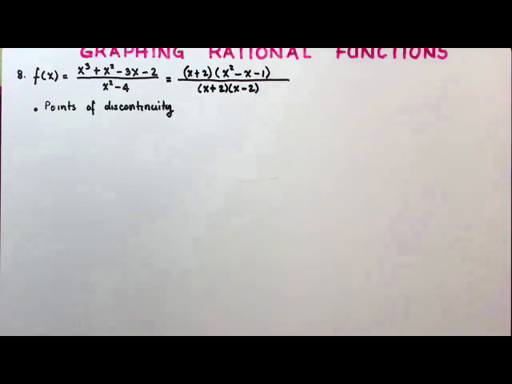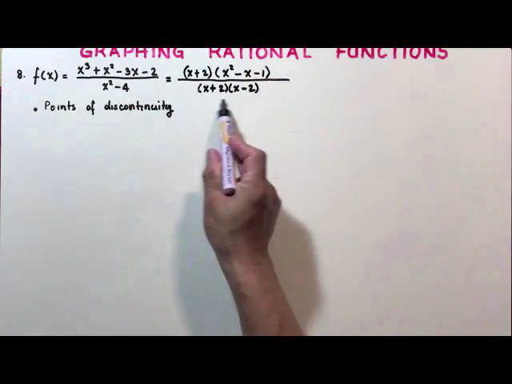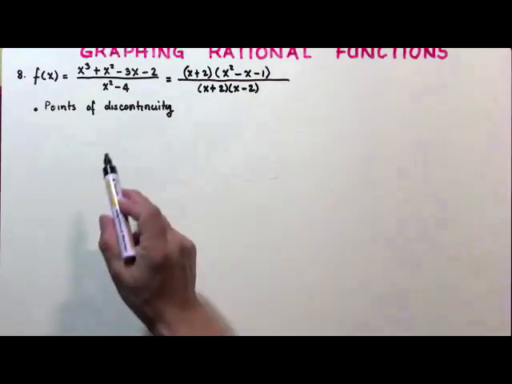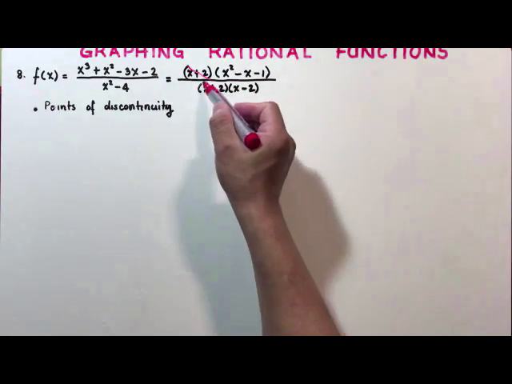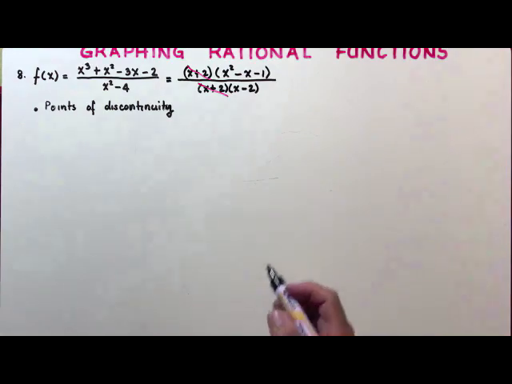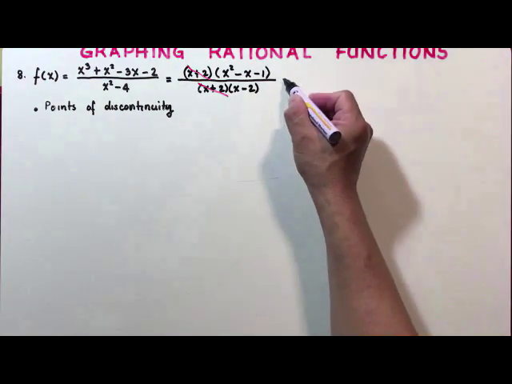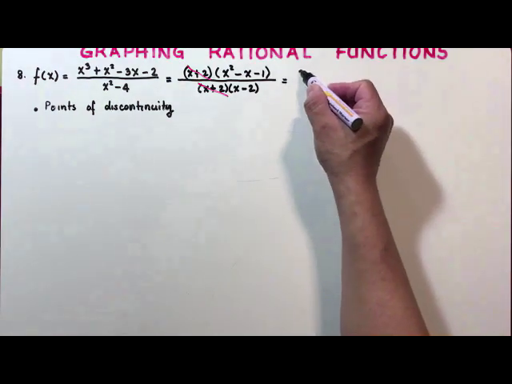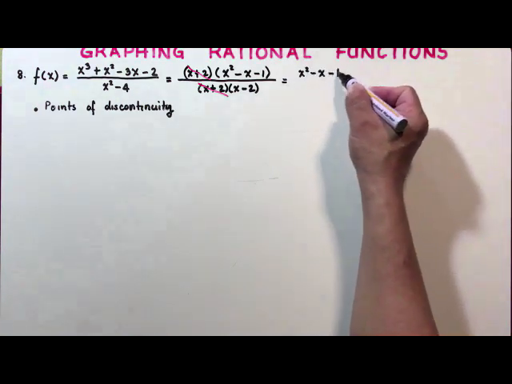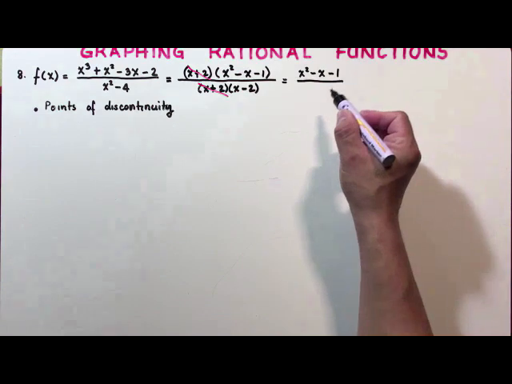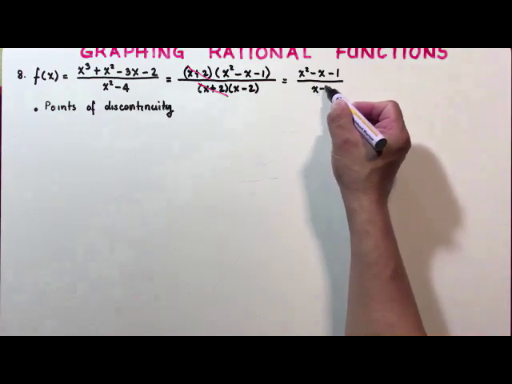And you can check that when you multiply these two binomials, the product is this one. And as you can see, there is a common factor between the numerator and the denominator, which is this one. So the reduced form of our function is x squared minus x minus 1 divided by x minus 2.